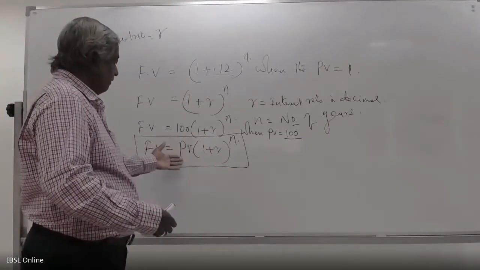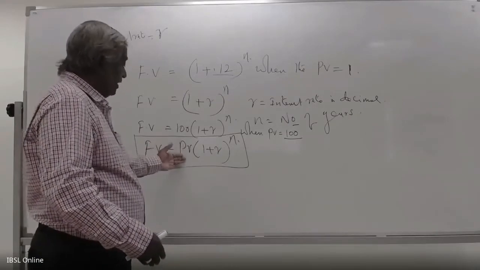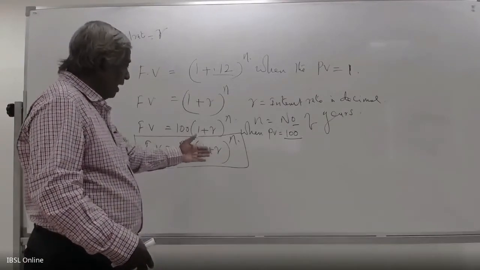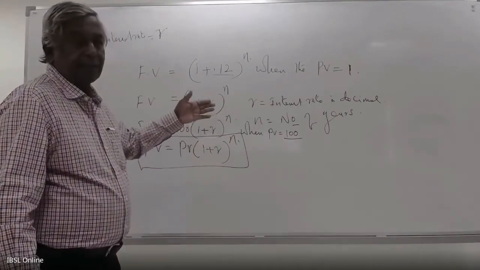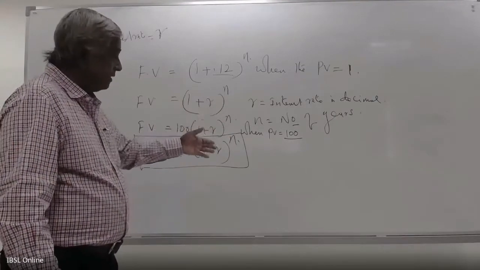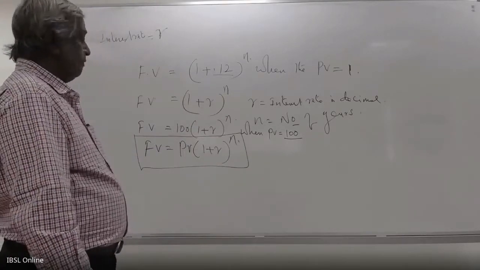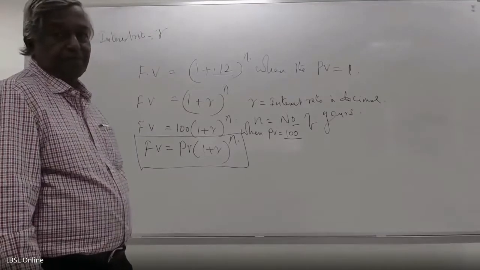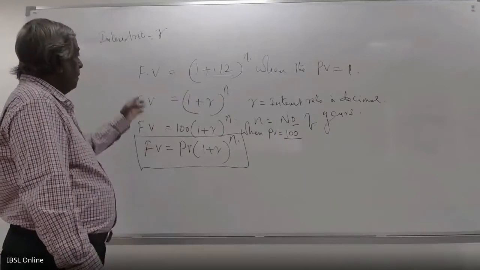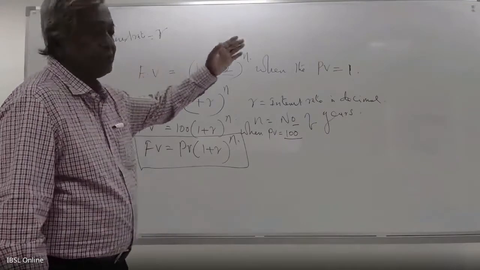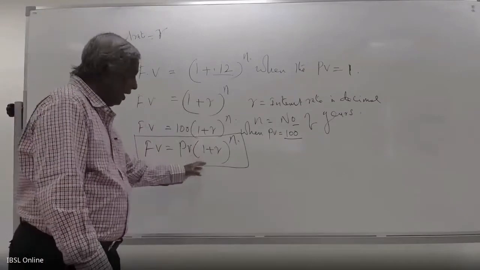So future value is equal to present value into 1 plus R to the power n, where R is the interest rate in decimal and n is the number of years. This is the formula. This is a technique of converting present value to future value by using this formula.